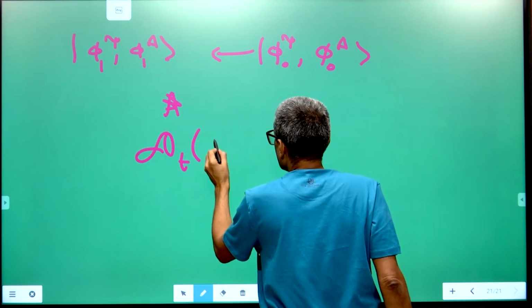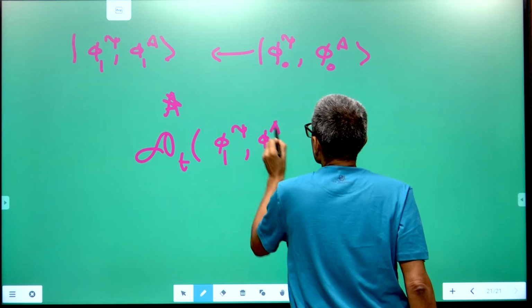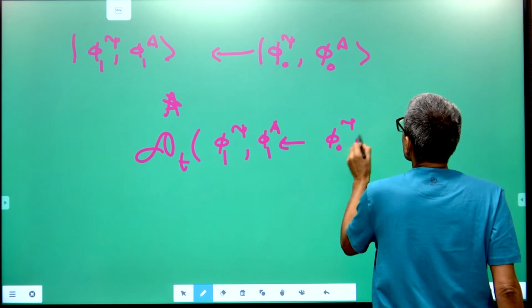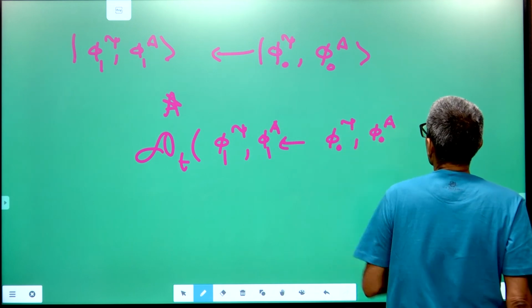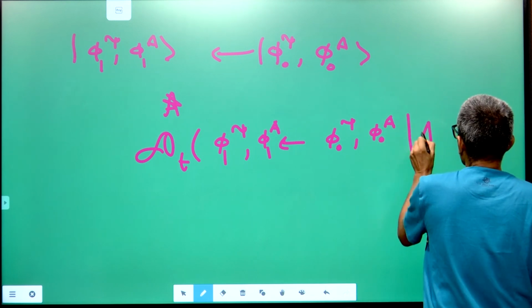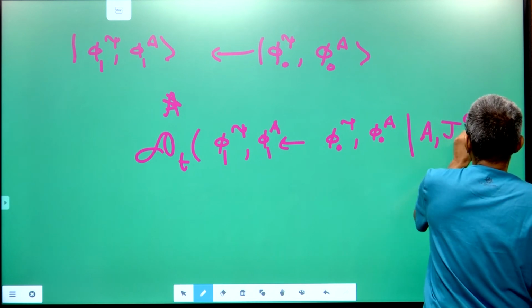So, you will get a transition from phi 0 psi, phi 0 A to phi 1 psi, phi 1 A, and this will be a function of the control electromagnetic field, and a function of the control current field, which are both classical here.